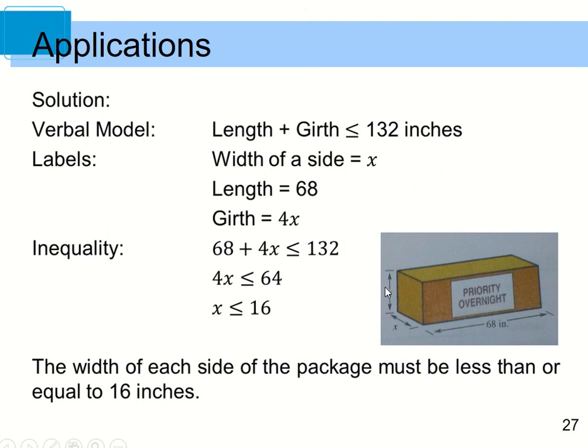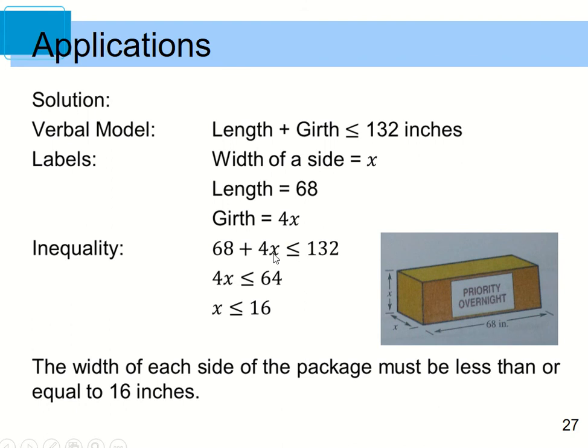So it will be x plus x plus x plus x, so it's 4x. Now, we combine this with the 68 into the inequality. The length is 68, plus the girth, which is 4x, and it should be less than or equal to 132 inches.